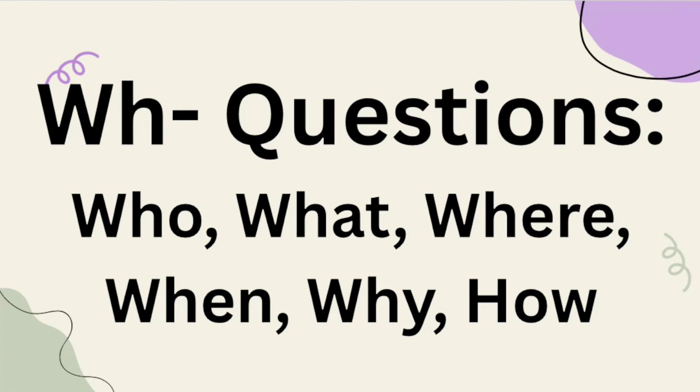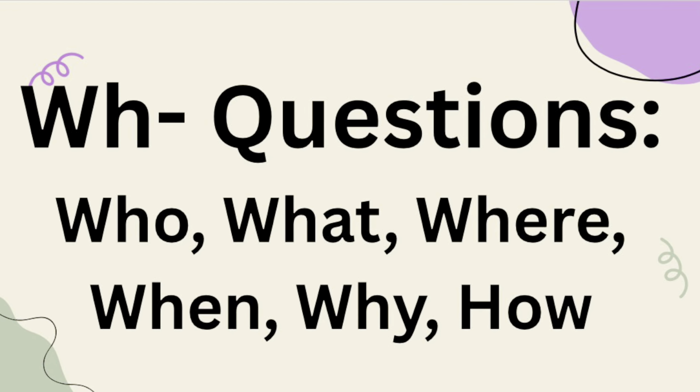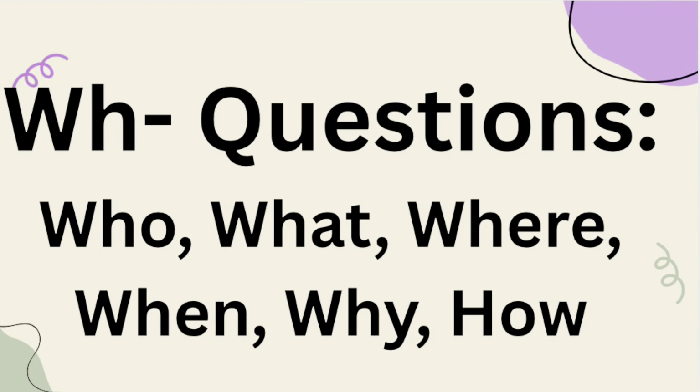Okay. Now, the next rule is a little tricky just because this applies to questions, but these are questions that are prefaced with what we call a WH word. So a WH word is who, what, where, when, and then let's also throw in how. So these are question words.